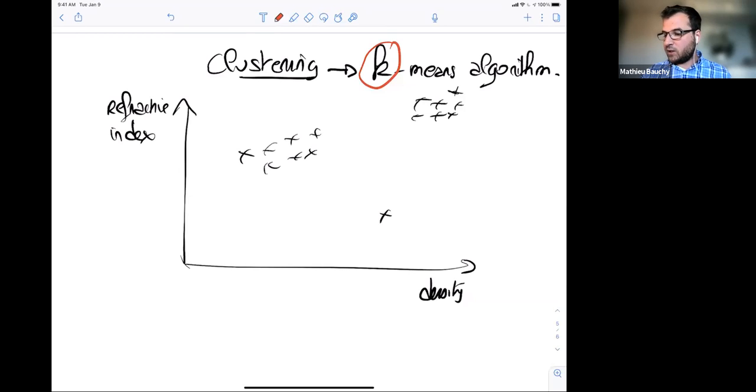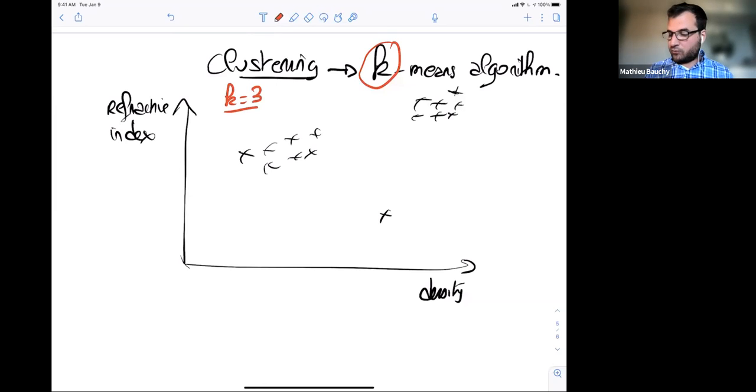So for example, here, let's assume that we think there's going to be three clusters. In that case, we will assume k equals 3. That means we think there's going to be three different clusters in this data set. I'll come back to that later, but basically you need to start with that. You need to decide how many clusters you think there will be.